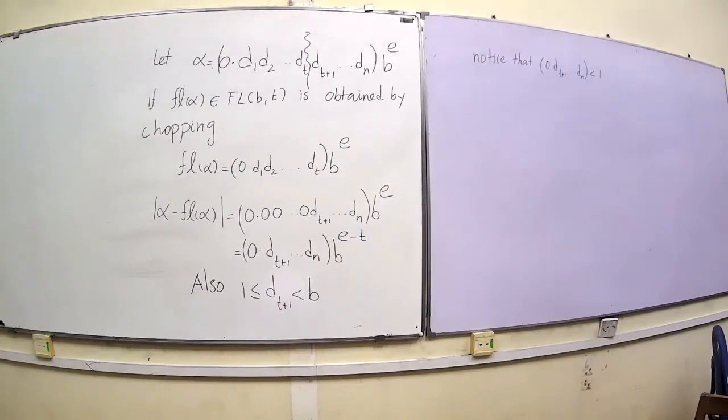So you know that 0.d(t+1) up to dn is strictly less than 1.